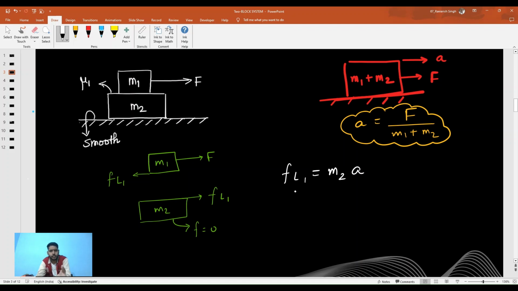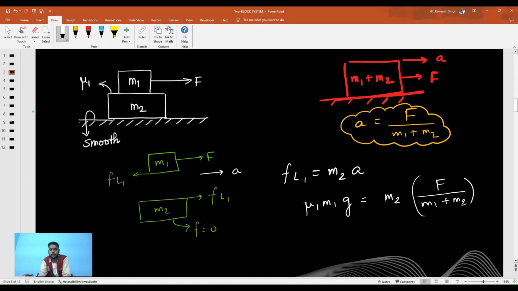That's the only force acting, and let's say the body is moving with an acceleration A. So the value of FL1, which is mu1 m1 g, is equal to M2 into A. We will substitute the value of A from above, in place of A writing F upon m1 plus m2.